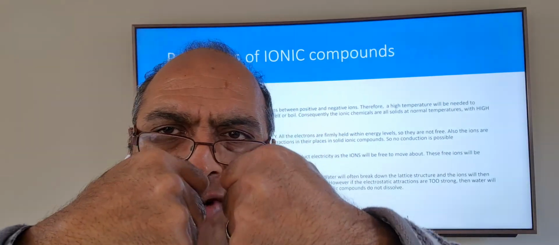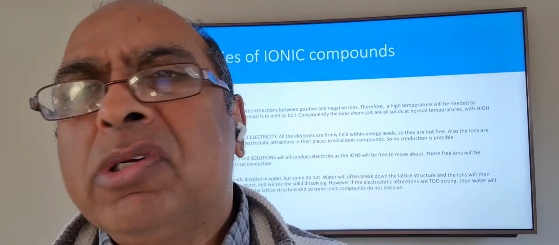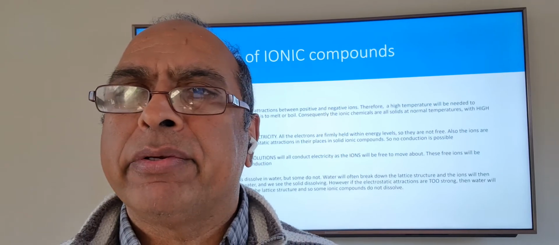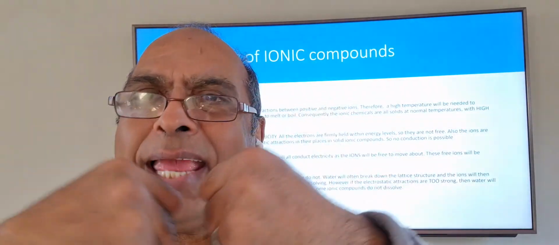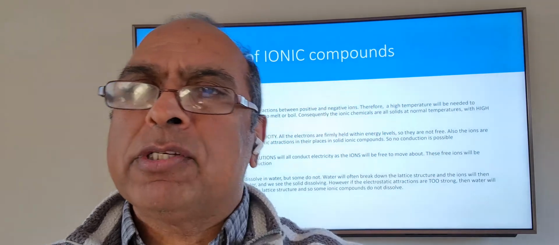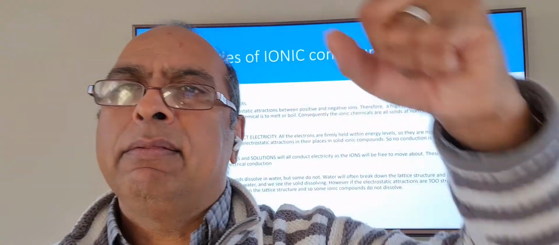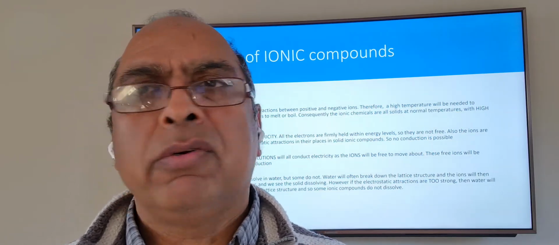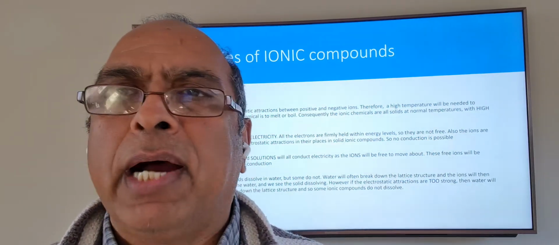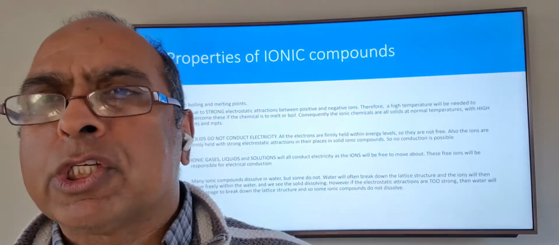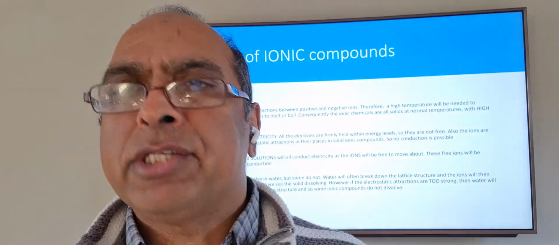If they're really strong, the water can't break down those attractions. If the attractions stay, and the positive and negative ions stay together, then it will just sink. It will not dissolve. It will not break up into ions. The ions will not spread out amongst water, etc.